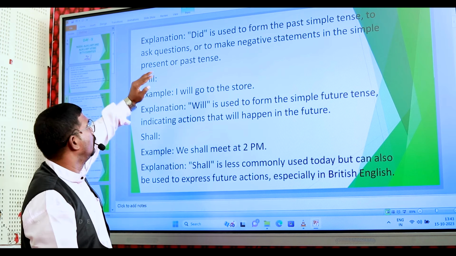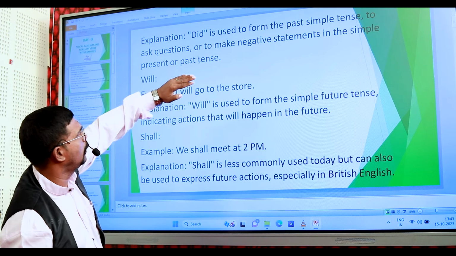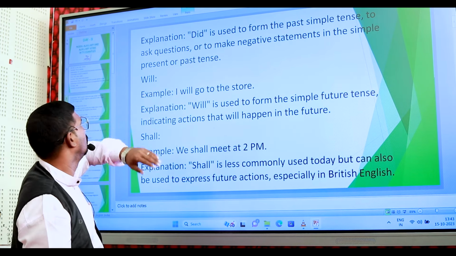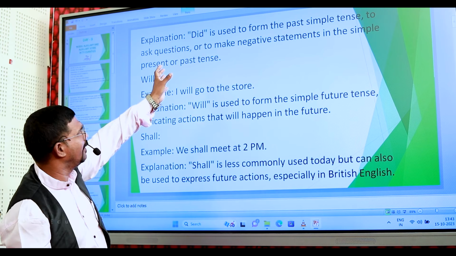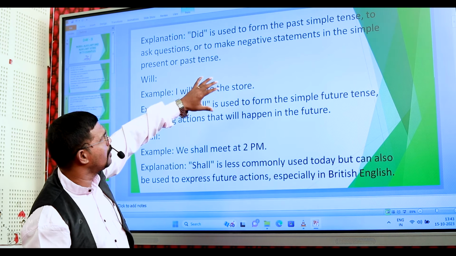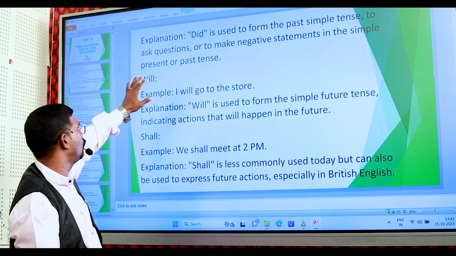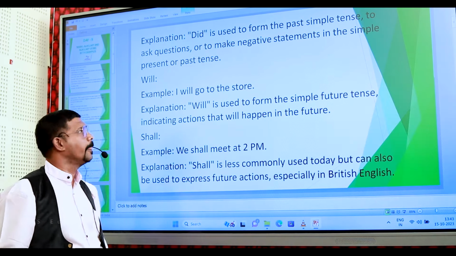Explanation: did is used to form the past simple tense, to ask questions or to make negative statements in the simple present or past tense.